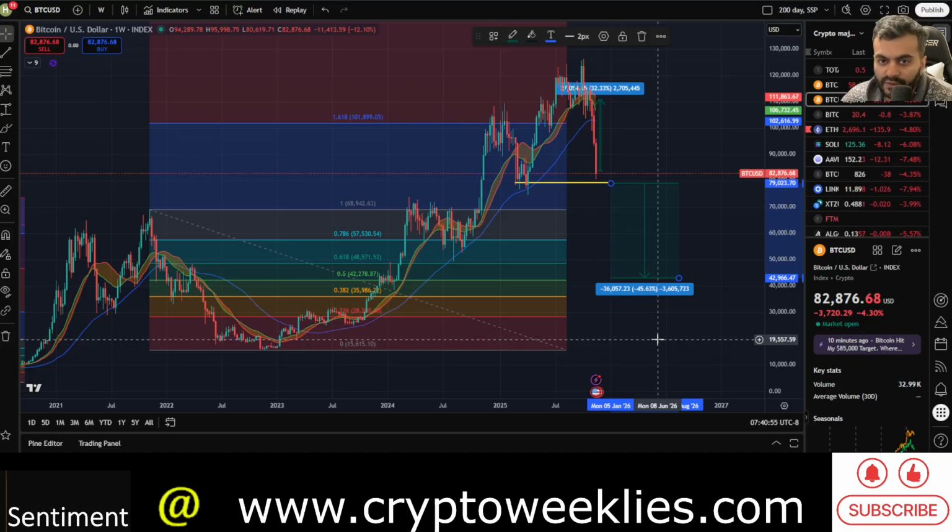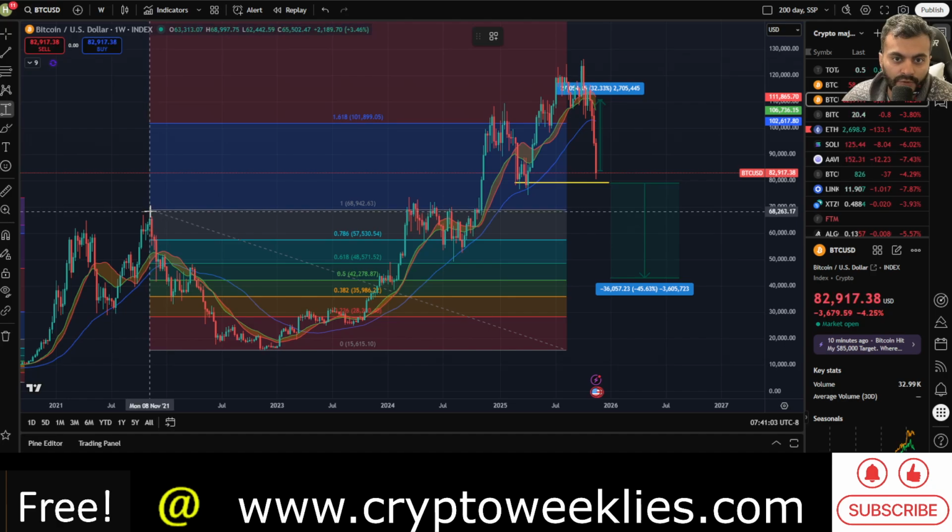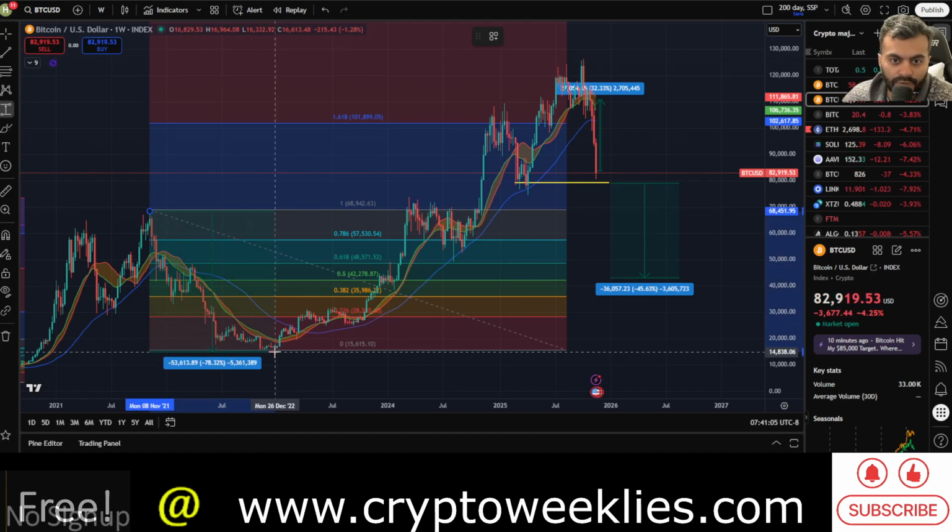So that's one way to predict what Bitcoin could do. Again, in terms of the last market cycle, from the peak to the bottom, from 69k to the bottom of about 15,500, the drop was about 77%.